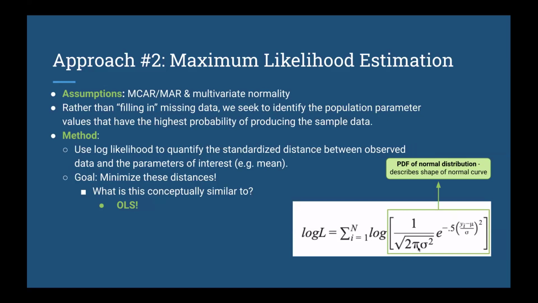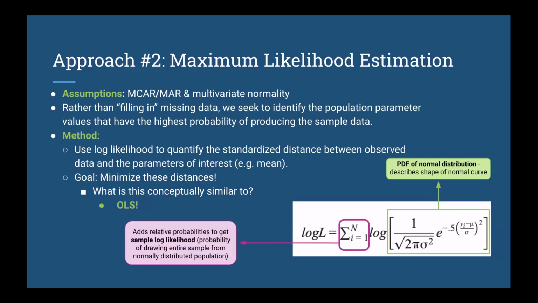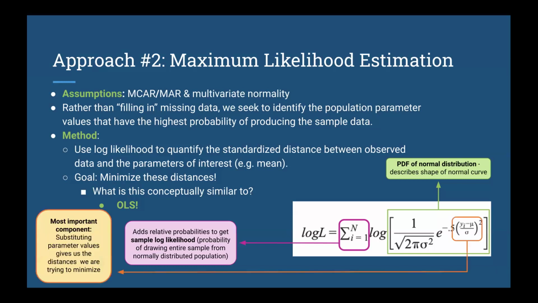This term here is the probability distribution function of the normal distribution. So this basically describes the normal curve. Then we're adding all the relative probabilities to get the sample log likelihood. So this is the probability of drawing the entire sample from a normally distributed population.